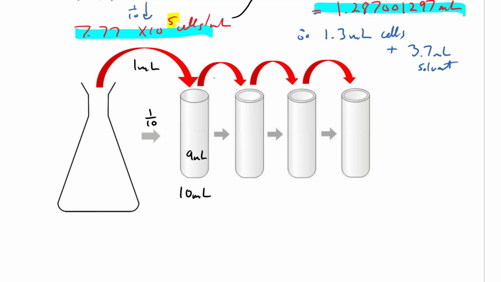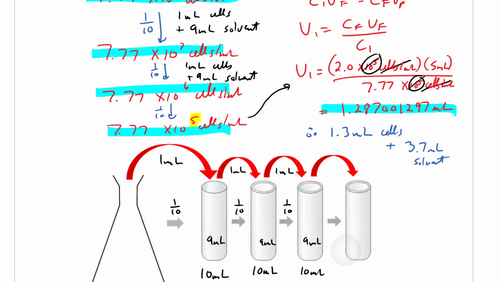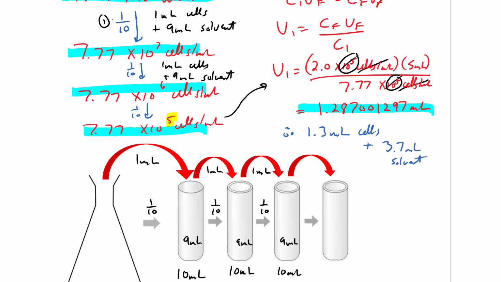I will then thoroughly mix that. I will take 1 mil of that to 9 mils of solvent, and that'll give me 10 mils total solution, another 1 in 10. Mix that, take another 1 mil, add that to 9 mils of solvent, 10 mils total, another 1 in 10. So we've done 1, 2, 3, and we will do 4 right here.